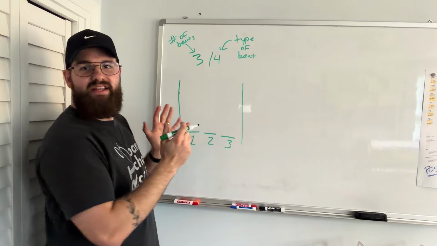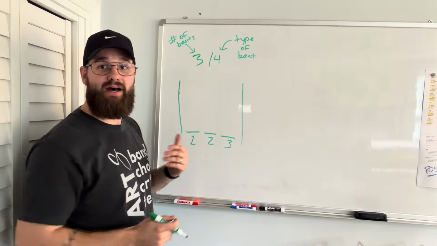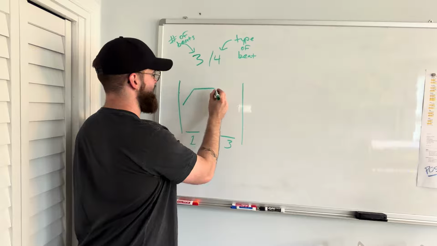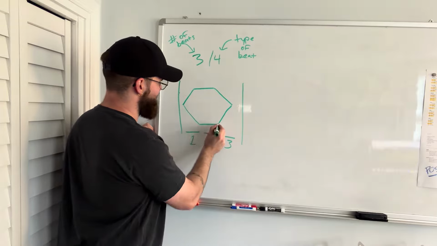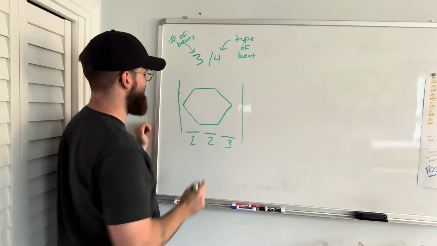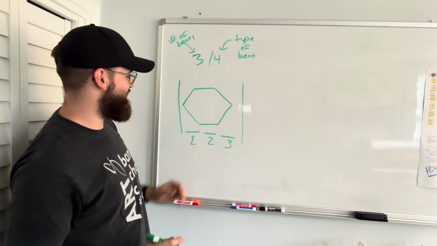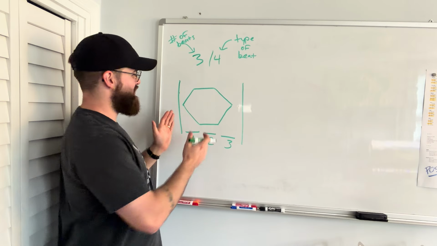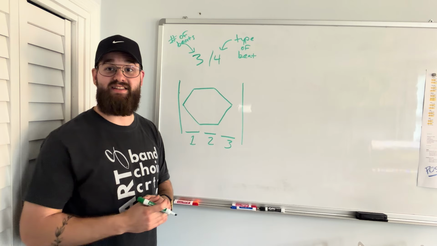The way that we're gonna illustrate 3/4 time is actually by drawing a hexagon. Now this is the exact same way that I like to illustrate and think about 6/8 time. All right, the only difference in this illustration for 3/4 time is that we're not gonna use triangles to break apart this hexagon like we did in the 6/8 video.